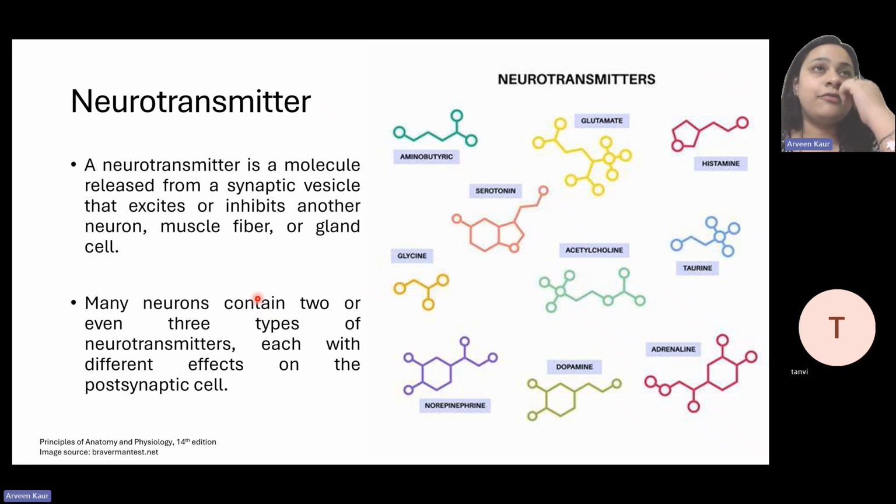So just like, for instance, there are these multi-cuisine restaurants. They will not be limited to one kind of diet.